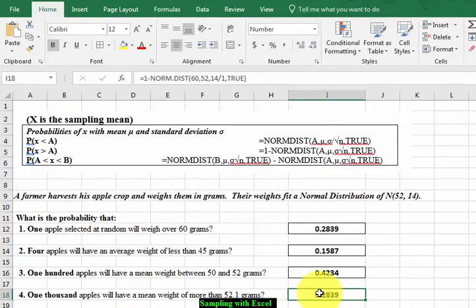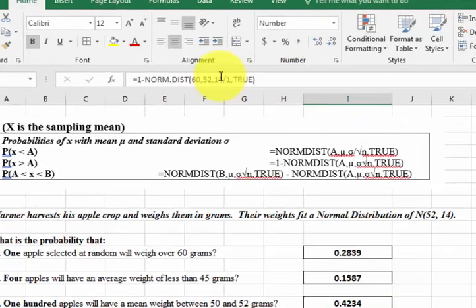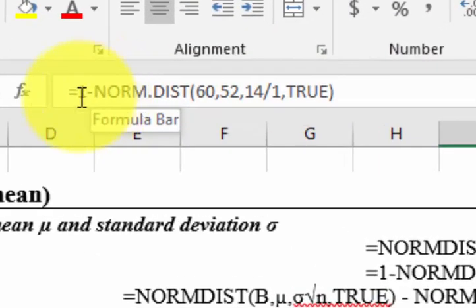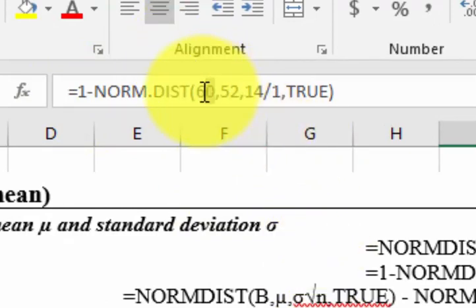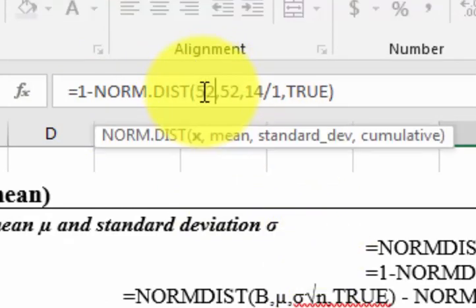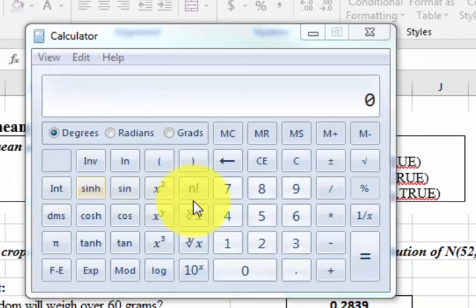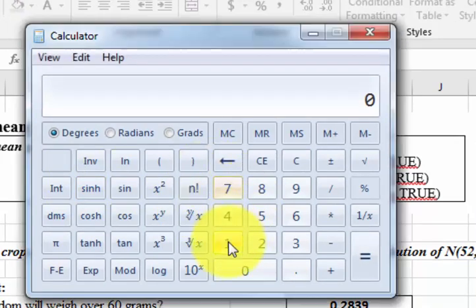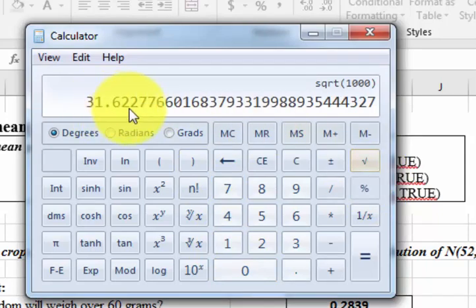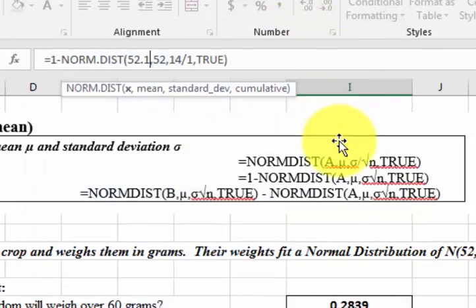Last one: 1,000 apples have a mean weight of more than 52.1. We leave the 1 minus up there because it's a greater than. This becomes 52.1, and now we have to figure out the square root of 1,000. I think it's around 31 or something, but we'll do it the right way. The square root of 1,000 is 31.7.